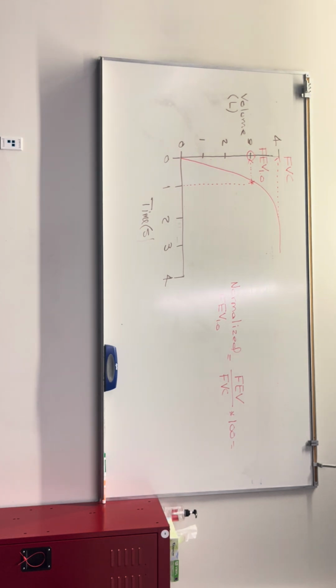Andrew, what's the normal range for FEV1? Say that again? 3/4. Well, that certainly fits in the range, but the question I'm asking is what is the range for normal FEV1?